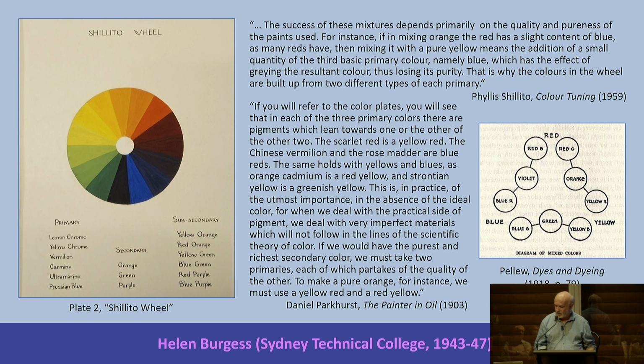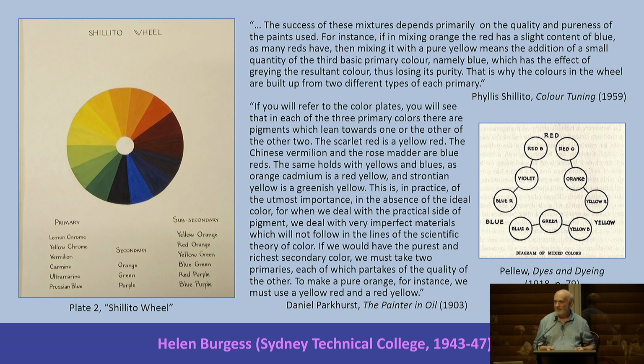It became much more widely used from the 60s onwards, and it's quite widely used now, as a way to get around the fact that you can't really mix a full range of colours from just a red, yellow and blue so-called primary colour.